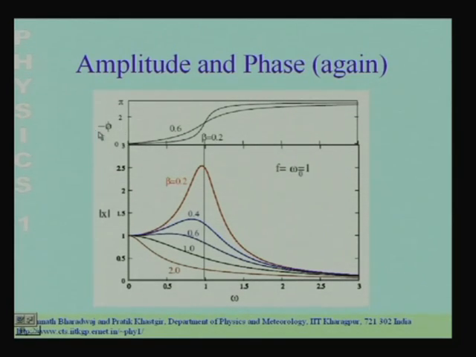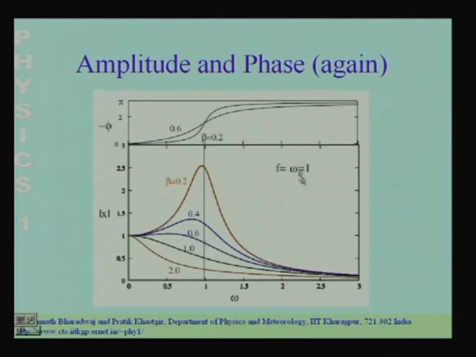So, what I show here is minus of that, minus phi, and I show this as I vary the frequency of the external force. The oscillator is such that it has a natural frequency omega naught equal to 1. So, if there was no damping and if the oscillator was left alone to oscillate, it would oscillate at a natural frequency of omega naught equal to 1.